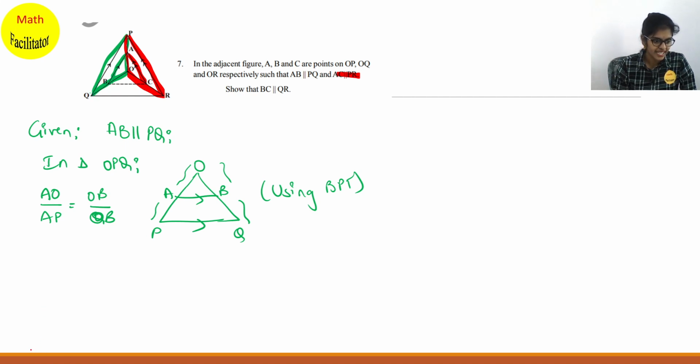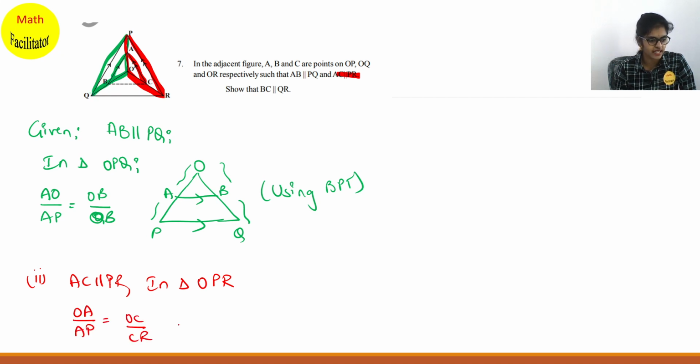So AC. Now the second part. AC is parallel to PR. So in triangle OPR, using BPT, you can write OA by AP is equal to OC by CR. Okay. So I'll draw the triangle here. So this is OPR. This is the line. Which line is this? AC. These two are parallel.